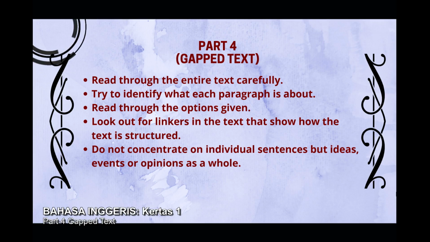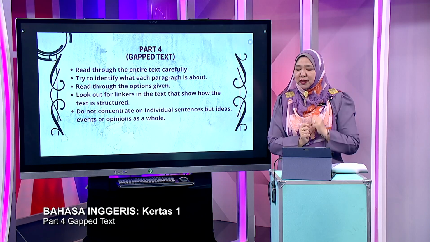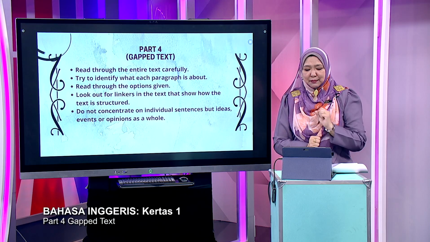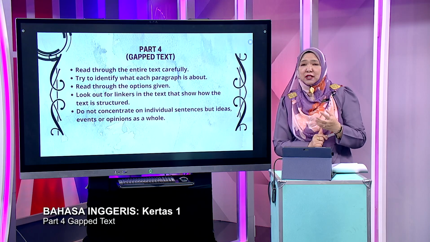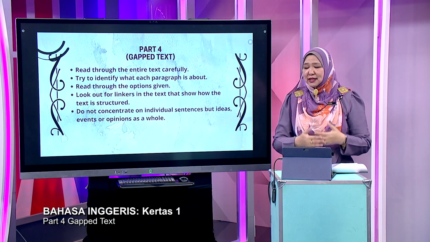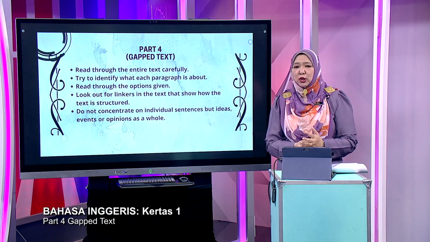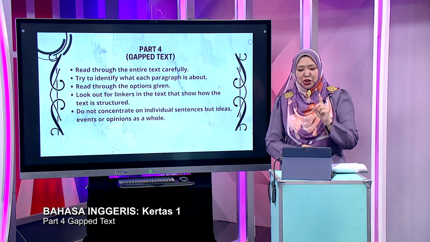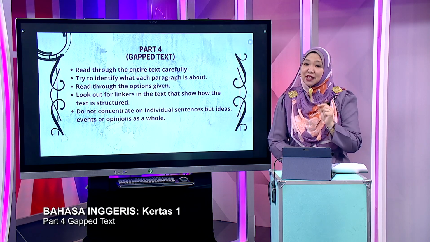Then read through the options given. Remember, we have 8 options. You are only going to choose 6 options for the answers. Look out for linkers, or some teachers call them connectors. We have sentence connectors, sequence connectors. So, we have to look for the linkers in the text that show how the text is structured.